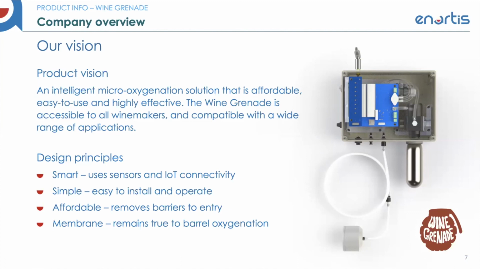So the other really unique attribute that we have with the wine grenade is the way that the oxygen is diffused into wine. We've designed our product to basically mimic the way that an oak barrel breathes, except instead of diffusing through oak staves, we diffuse oxygen through a semi-permeable tube that goes inside the tank.